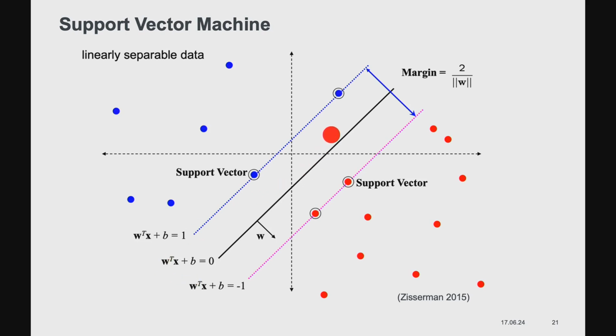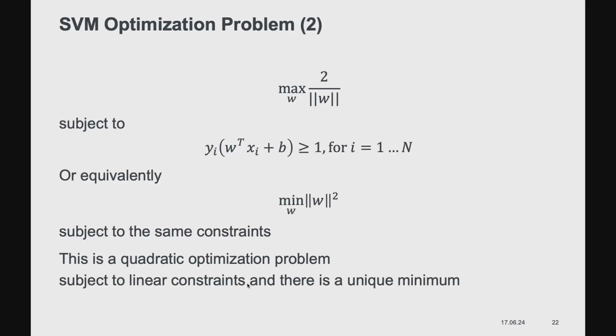So when we look at 2 times this margin, this is 2 divided by the absolute value of this vector. Here we have this formula is 0. Here we have this formula is +1. Here we have this formula is -1 for such case of linearly separable data. Now, we maximize this term, but what we require is that this term, the correct class times the prediction for all the data points, is larger or equal to 1.